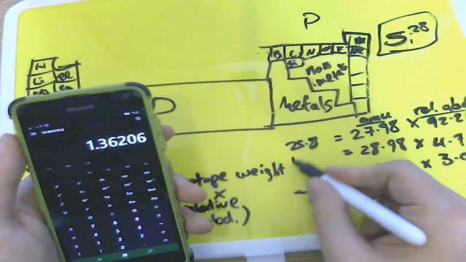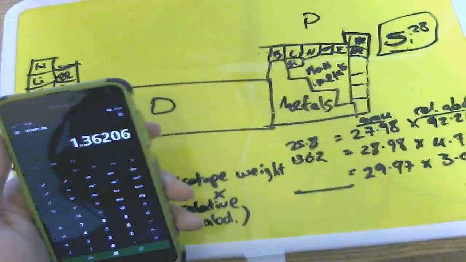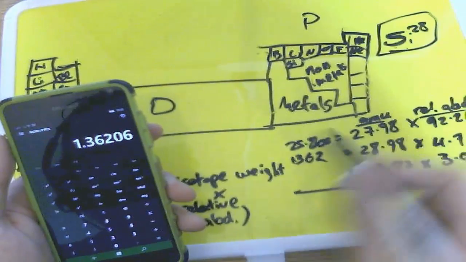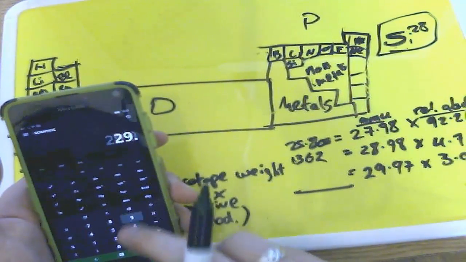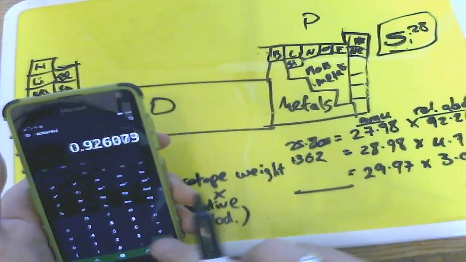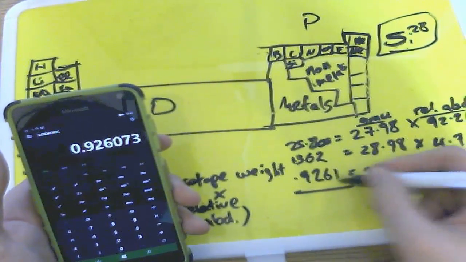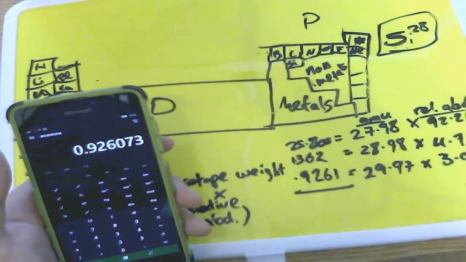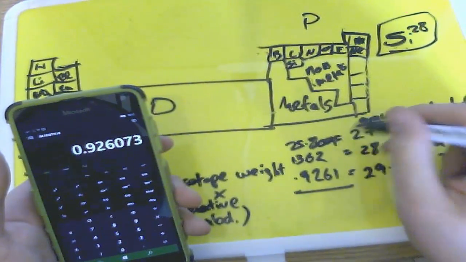Okay, so this weighs in at 1.362. So the last one, 29.97 multiplied by 0.0309. That comes in at 0.9261. Yeah, let's go down to 4 decimal places.